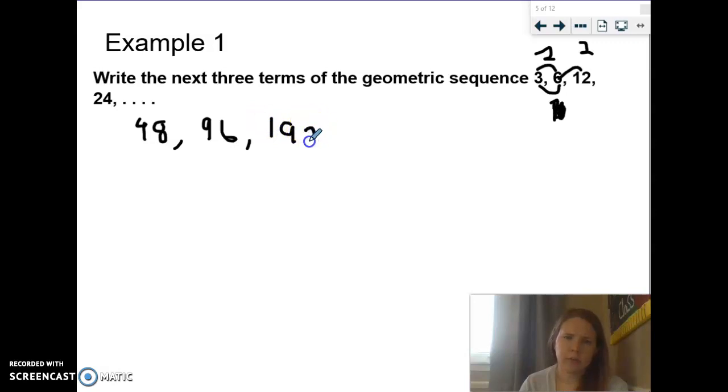I'm going to double check that one with the calculator here, just in case. 96 times 2, yep, 192. Okay, so there are my next three numbers within my geometric sequence.